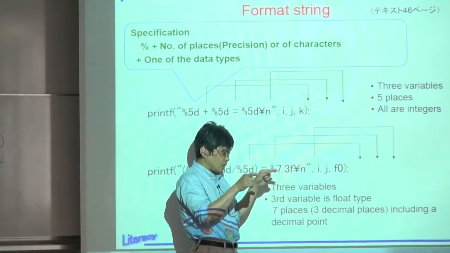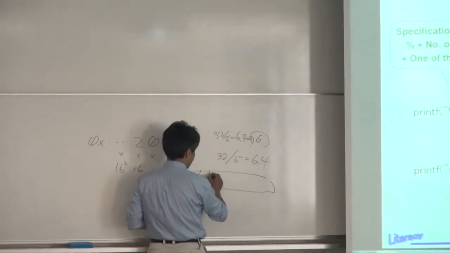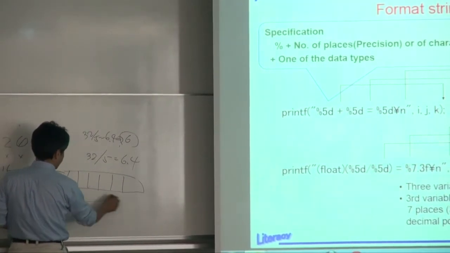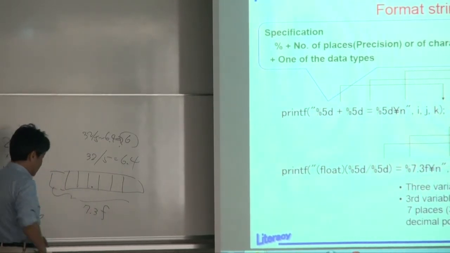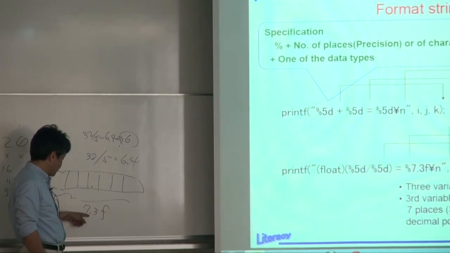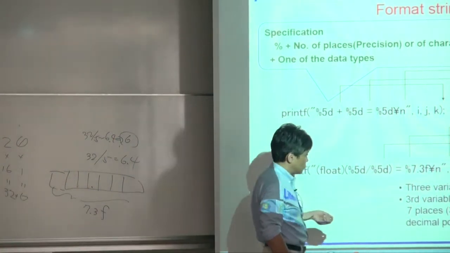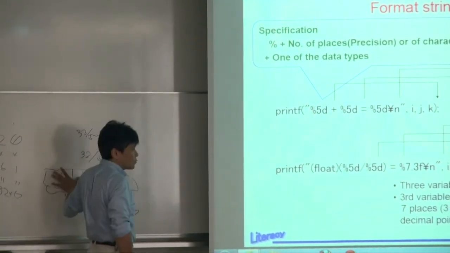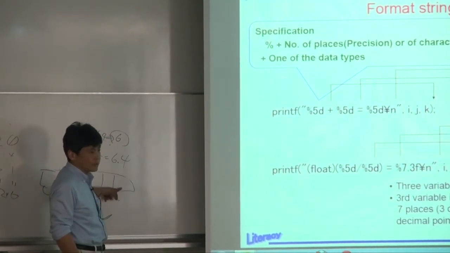In this case, the string size is 7, and .3, so you specify the point 3. As shown here, 7 places are located on the computer screen, with 3 decimal places: the decimal point, and the remaining 3 places.